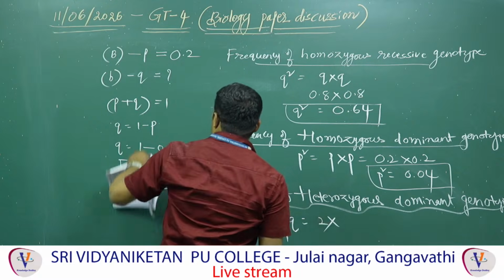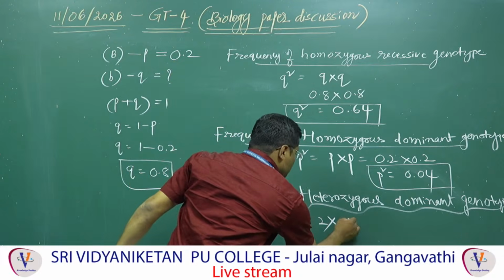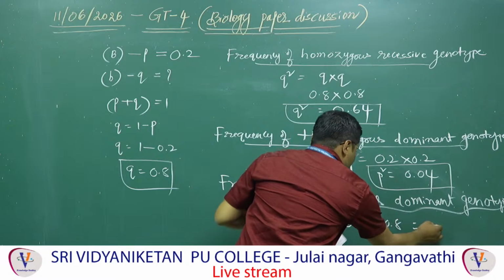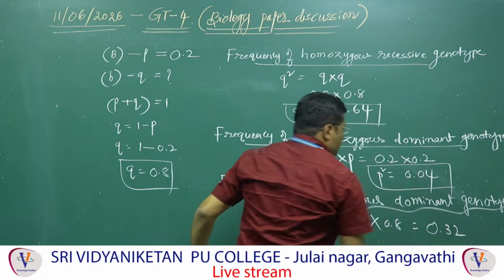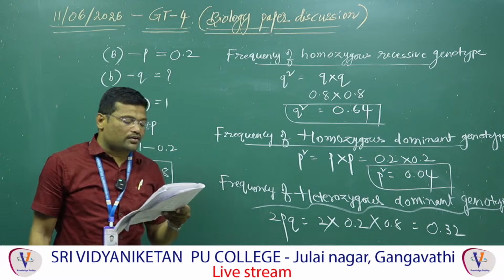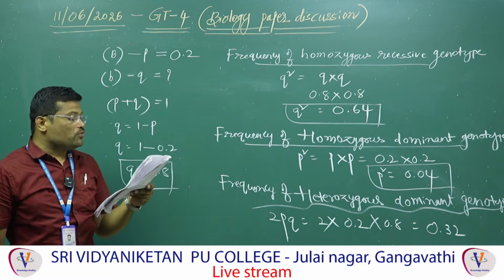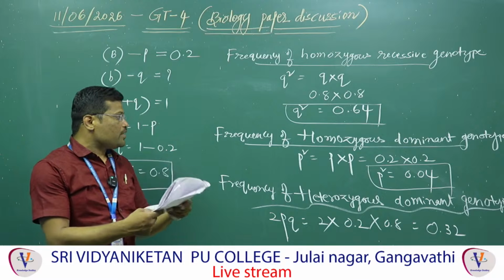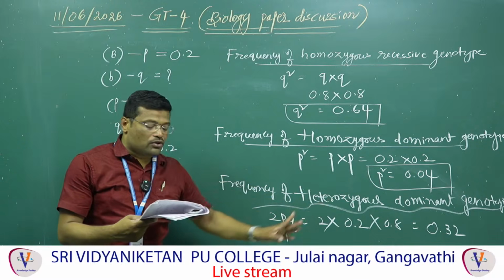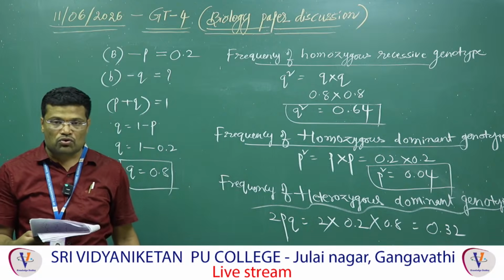So 2 into P value 0.2 and Q value 0.8. Answer should be 0.32. So here Q square is 0.64, P square 0.04 and 2pq 0.32. That's why go through option 3.